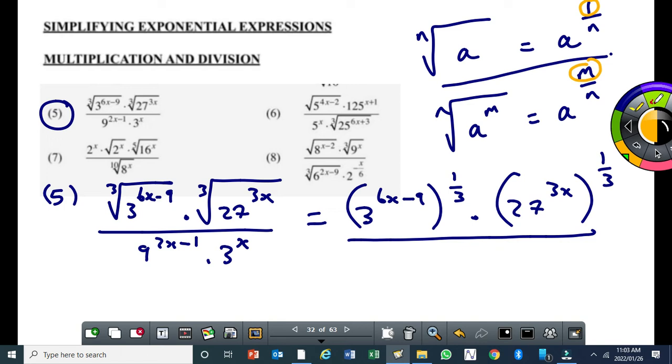How do you know which one to use? Okay, if you look at this question, our exponent for the 3 is 6x minus 9. Maybe I have to show you another way of doing the same question. Since we don't have a bracket, this 3 to the power of 6x minus 9 is not inside brackets.